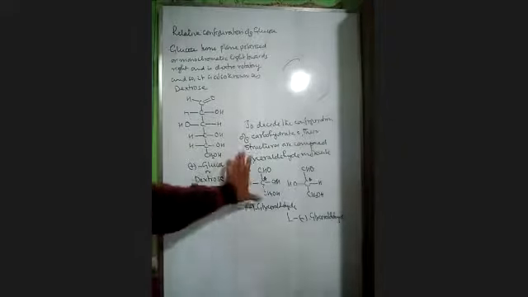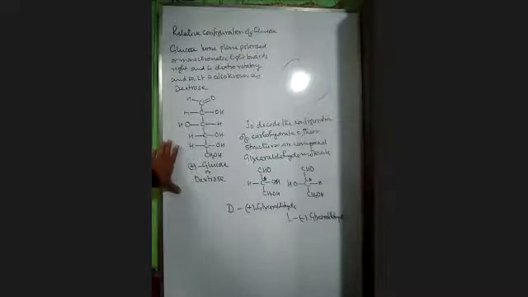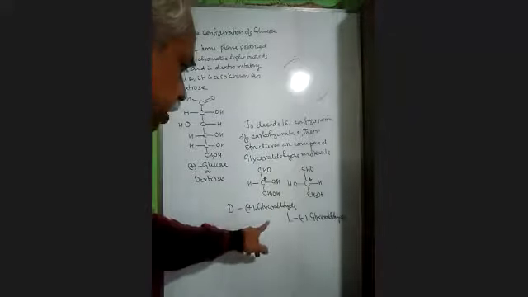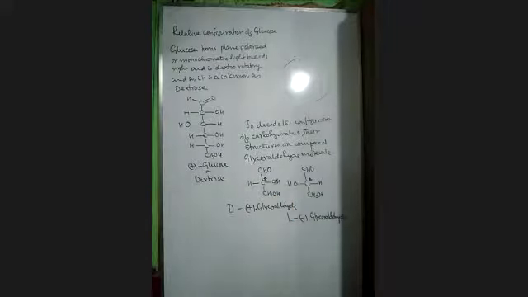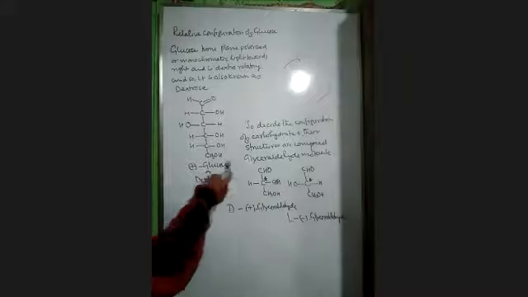Now, how to compare this with this? See, it says, if any compound, not only carbohydrate, any optically active compound, if you can prepare from this, we will call it D. And if you can prepare from this, we will call it L. See, this glucose, compare. The last two carbons are the same.